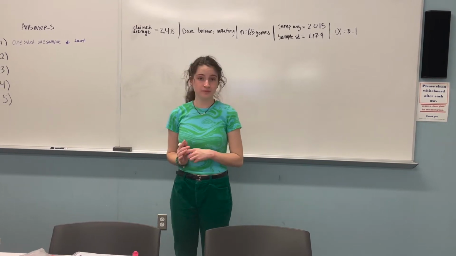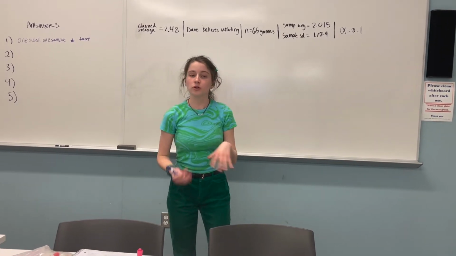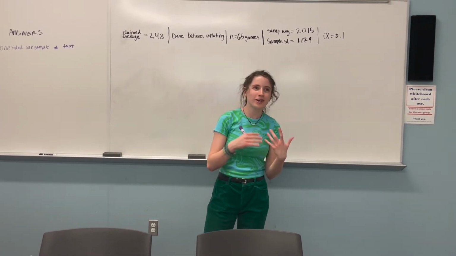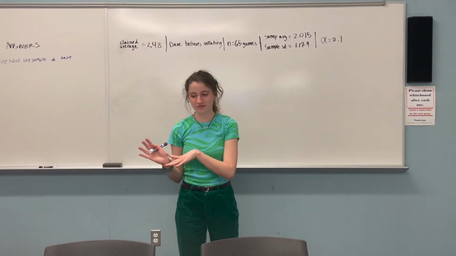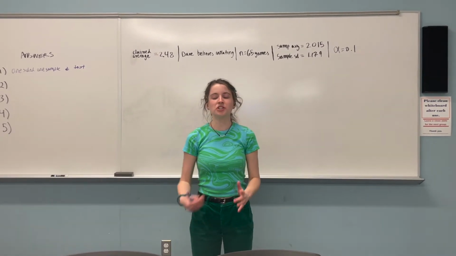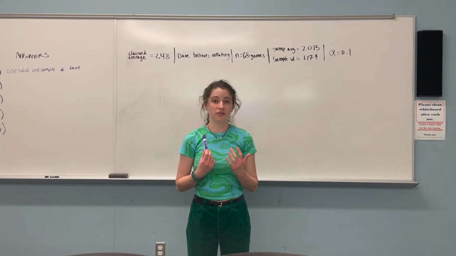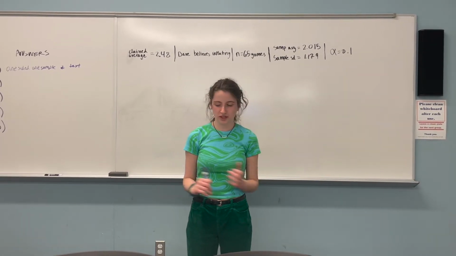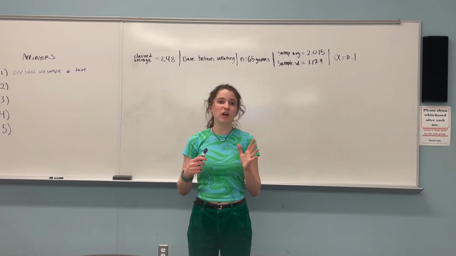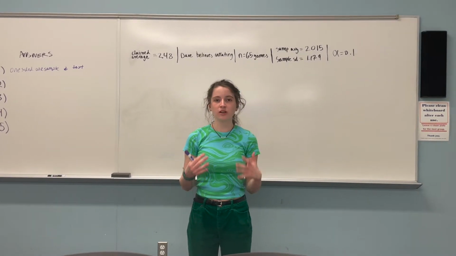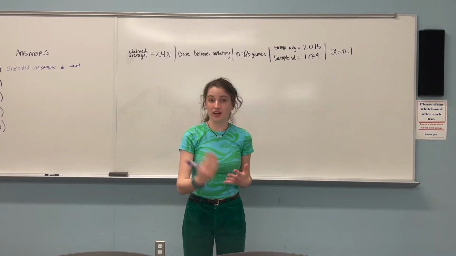Okay, part 2. This goes into our null and our alternative hypothesis. And this is what you need to do before you start any hypothesis test, is know what you're testing for. And in short, the null hypothesis is basically just like nothing significant happened.